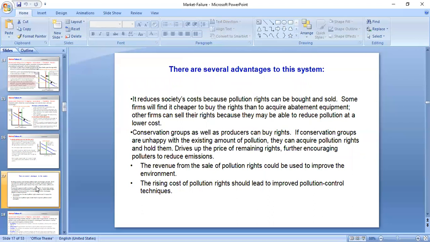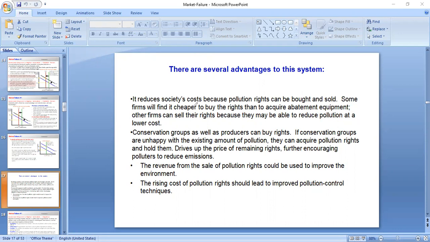So what are the advantages when the government uses tradable permits to control the pollution? Number one is that it reduces the society's cost because pollution rights can be bought and sold, right?